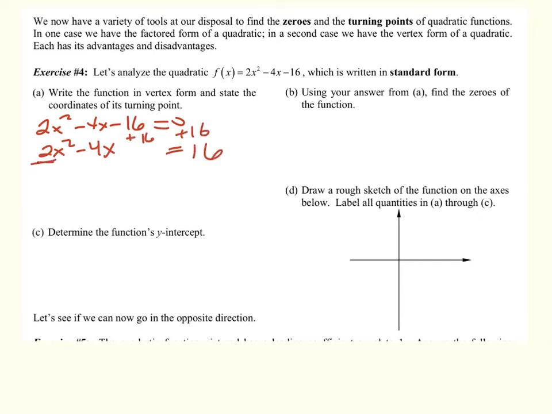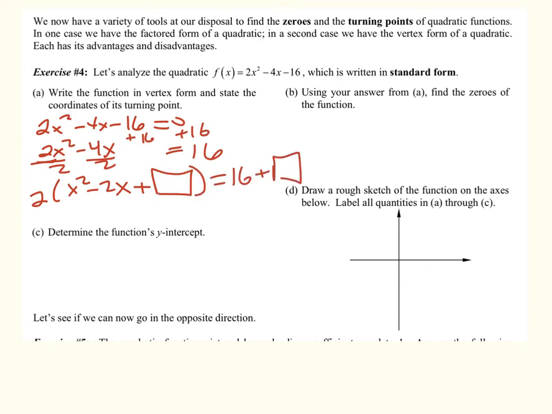But I've got a number out in front. So if you remember, I put it out in front. So I've got a 2 times what will be an x squared minus 2x plus a box, and that equals 16 plus a box.